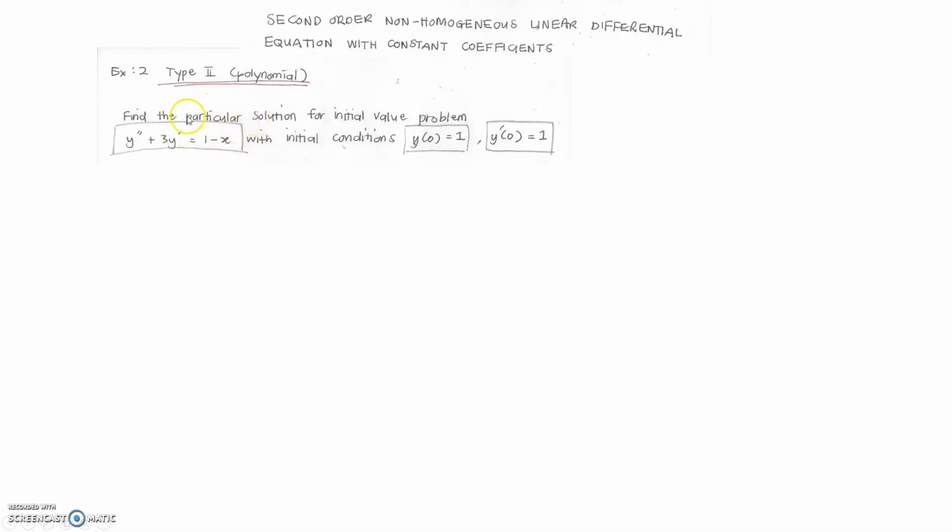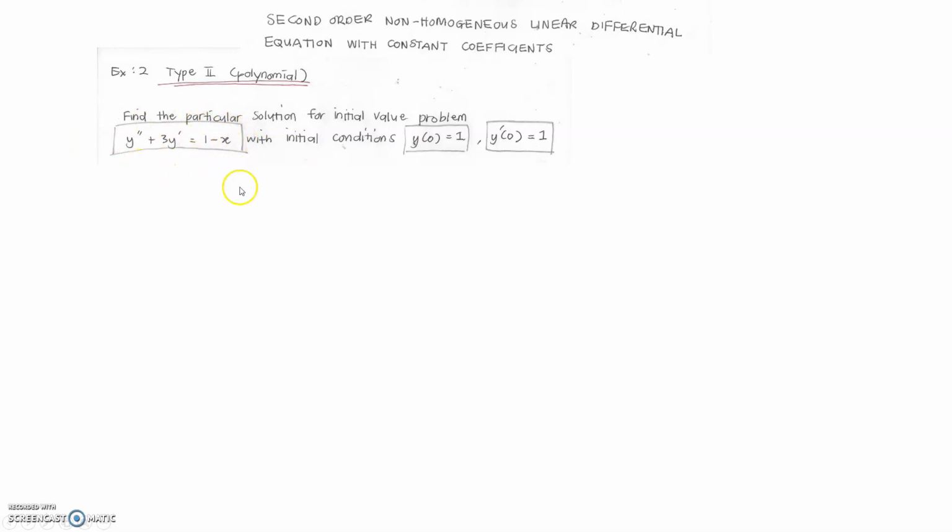Remember, when you need to find the particular solution, your final answer must eliminate all the constant values. So how to find the constant values? You need to substitute these two initial conditions.